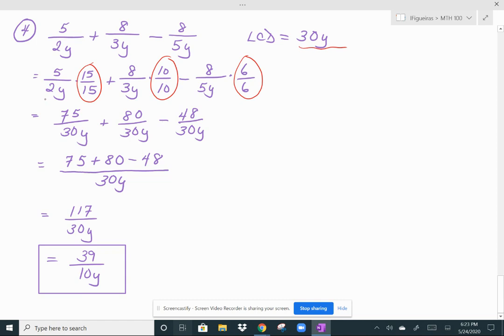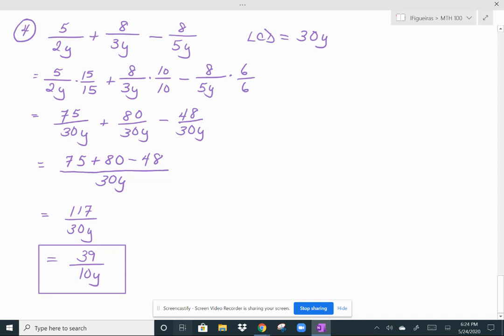Again, that's because 2y and 15 is 30y. 3y and 10 is 30y. 5y and 6 is 30y. Remember, your goal is to get a common denominator. Okay, so let's actually do that multiplication. Remember, you have to do the multiplication in the numerator and the denominator.